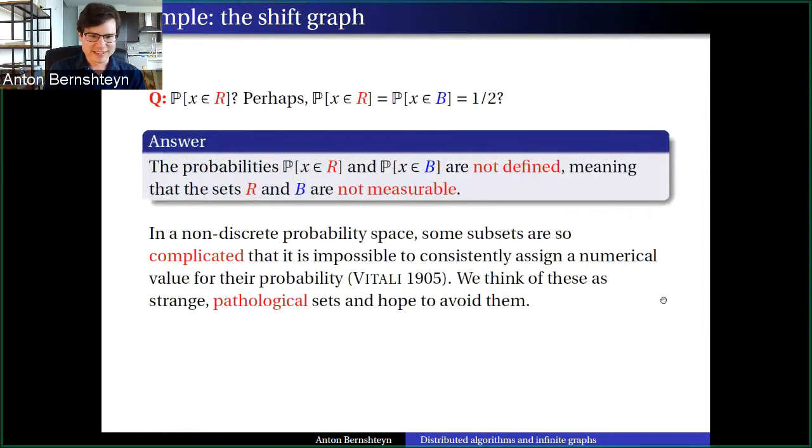What do I mean by this? Well, one thing is that you can never encounter one of these sets in the wild. If you actually have written down an explicit definition of a set, the set is bound to be measurable.